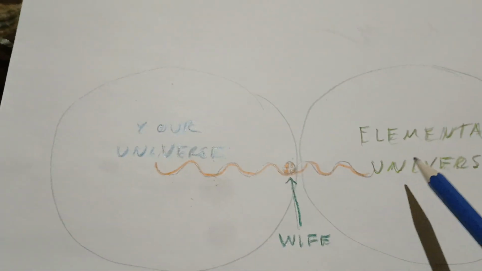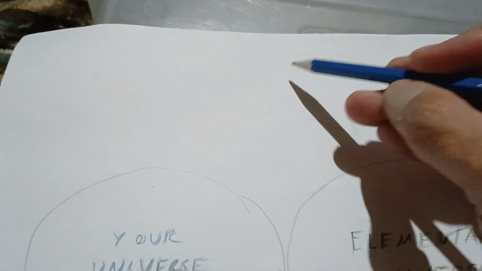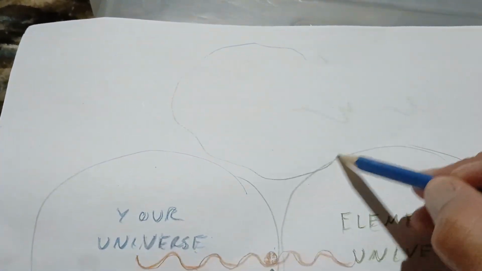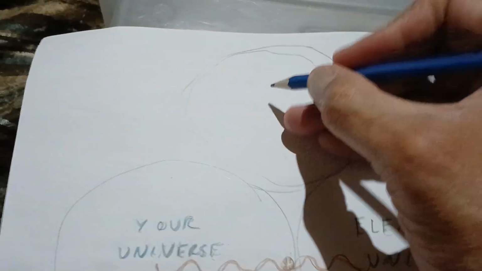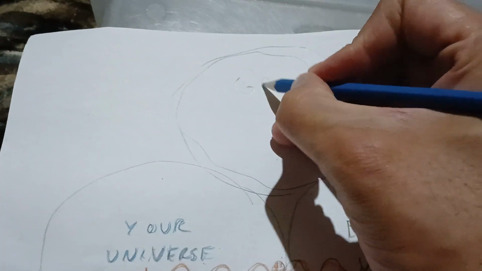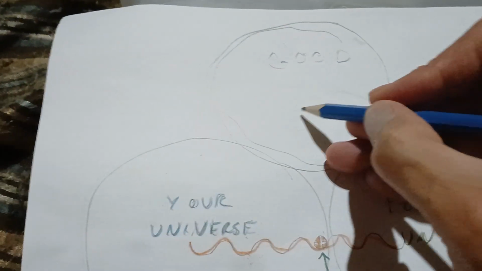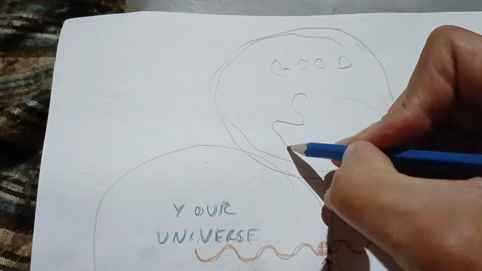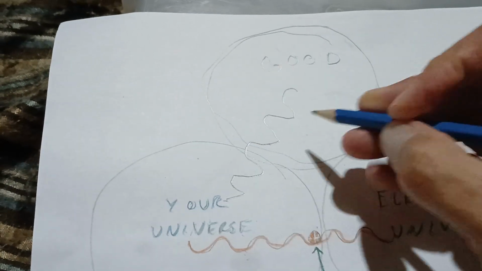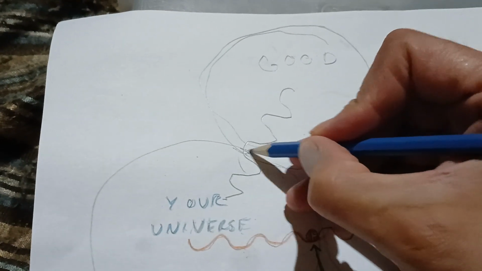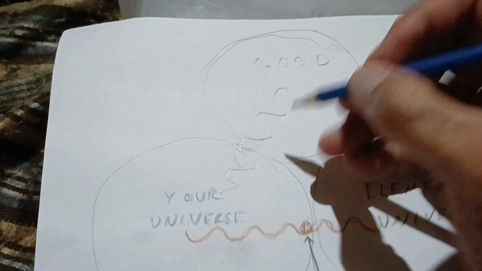So I want you to picture that this is their universe. Oh, this will be the good universe. And there should be a wave of electromagnetism that comes down like that. But it can't, because this is a negative universe because of evil spirits.